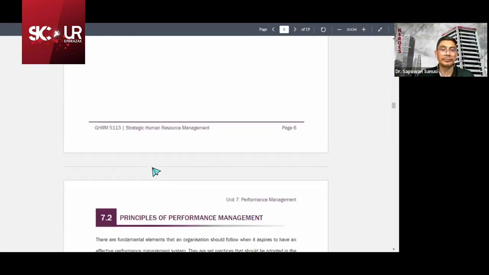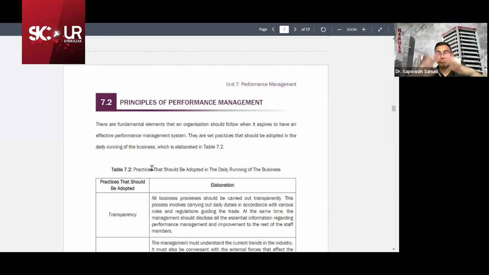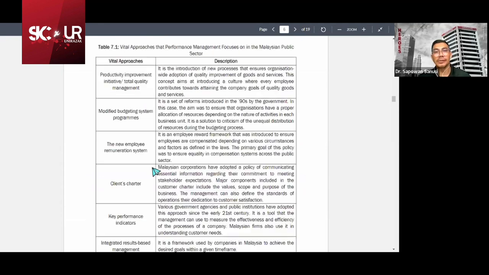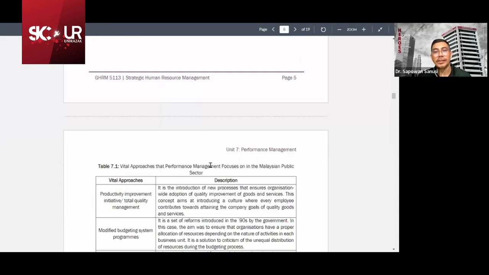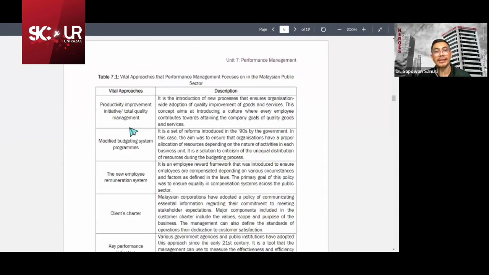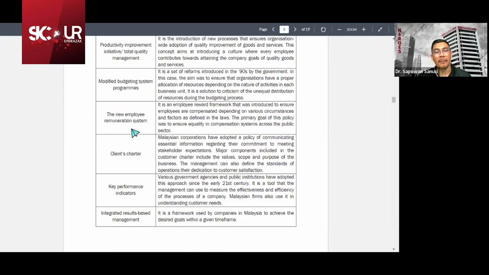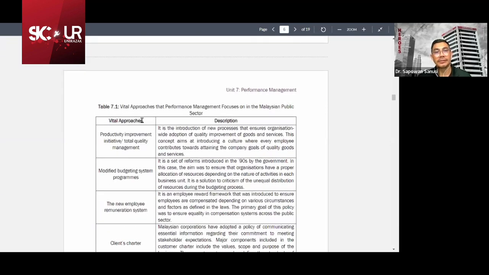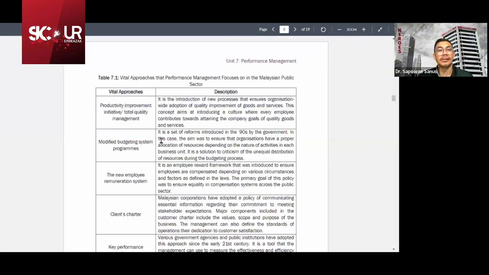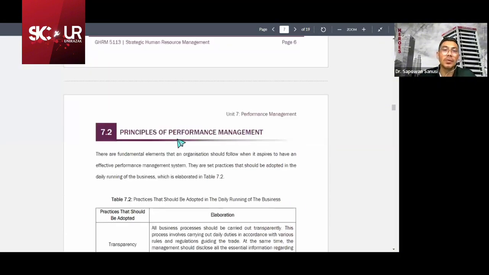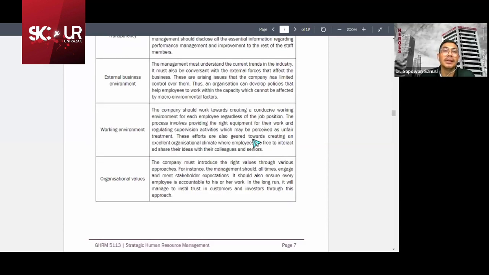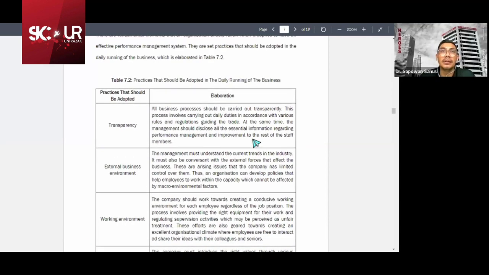Okay. Now, done okay, kalau you nak start for focusing on your approaches, look at this first. Vital approach. Okay. And then go to principle of performance management. What is the principle? We have performance management macam principle of good governance.